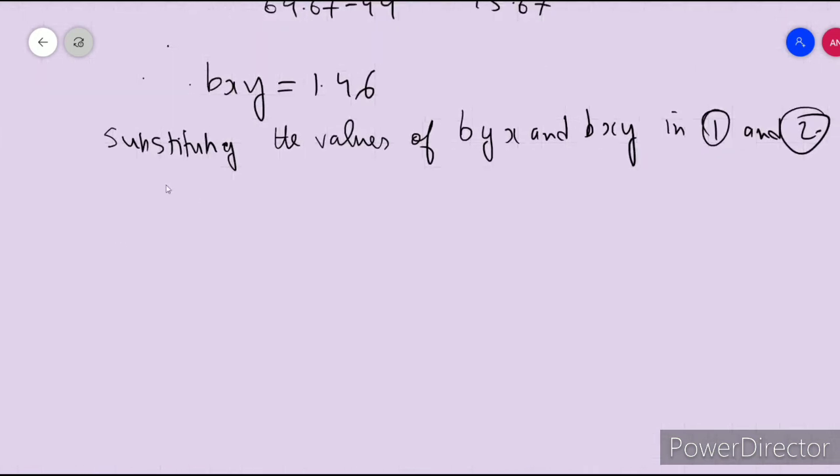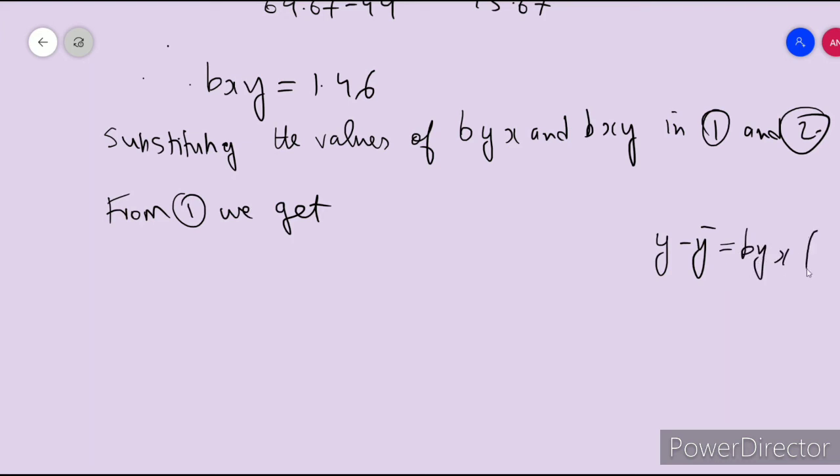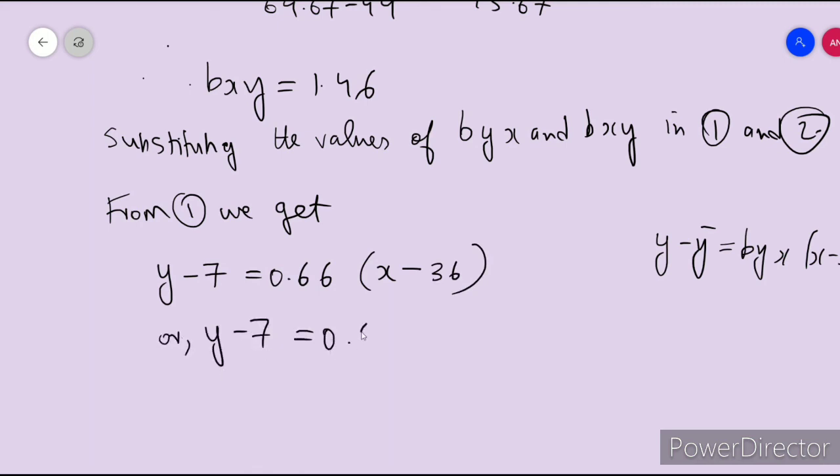From equation 1, as you remember, y minus the arithmetic mean, byx, x minus the arithmetic mean: y minus 7 equals 0.66 times x minus 36, or y minus 7 equals 0.66x minus 0.66 into 36, which is 23.76.